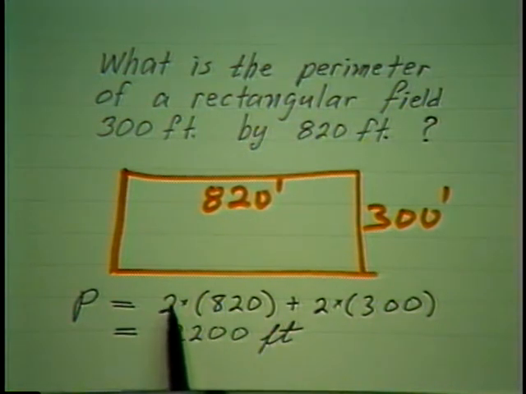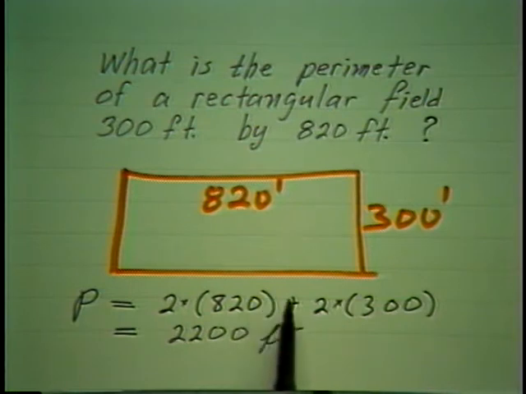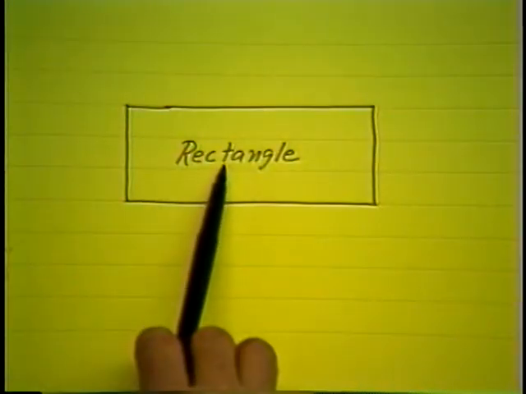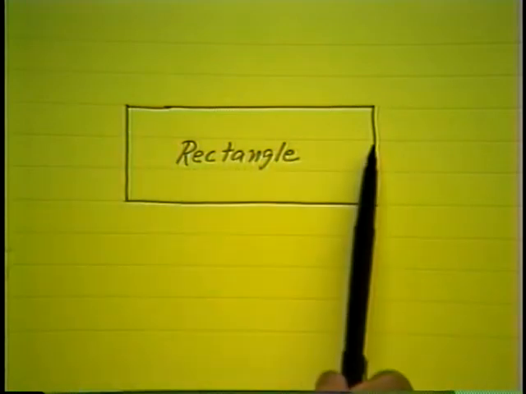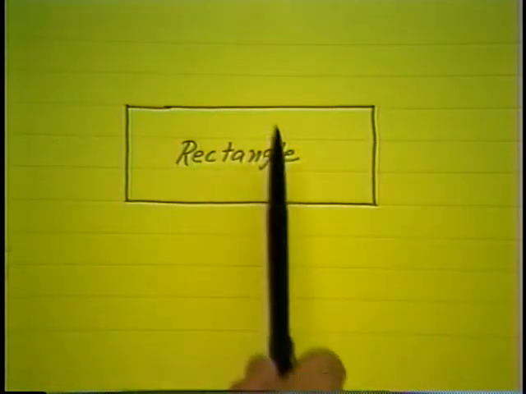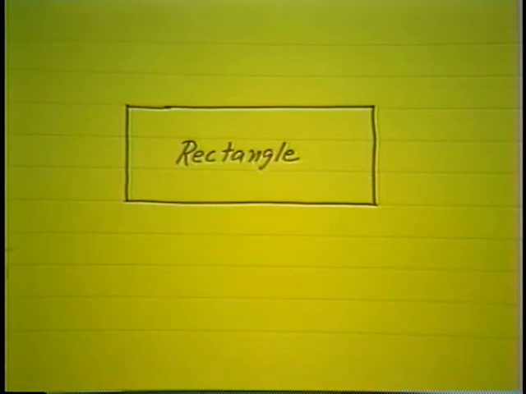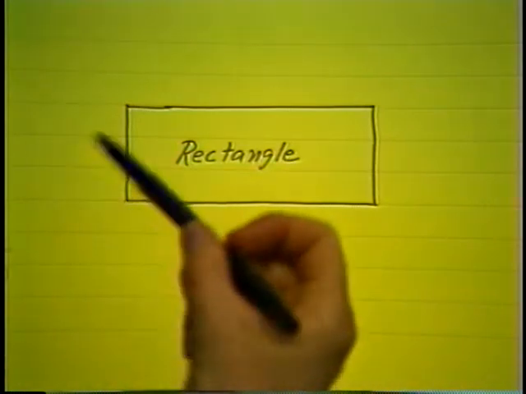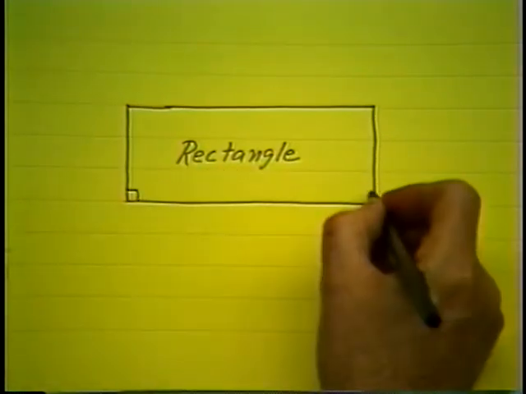But we want to concentrate on what we have. Really, we said take 2 times the length and add to that 2 times the width. Let's say that more formally. First, what is a rectangle? It's a 4-sided figure in which the opposite sides are not only equal, but they're perpendicular. That is, they form right angles.